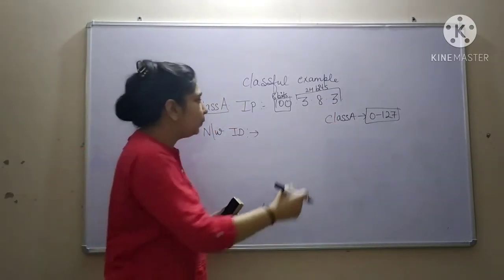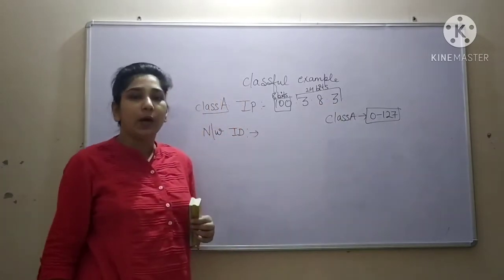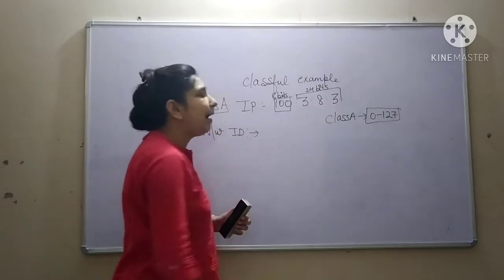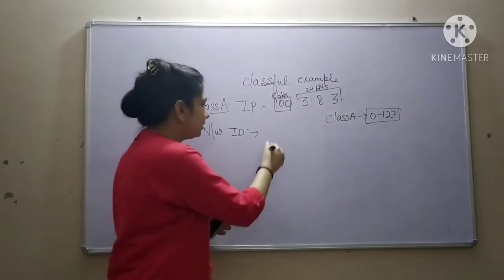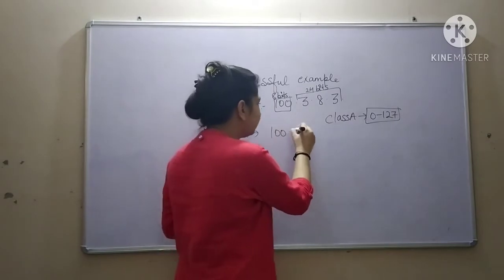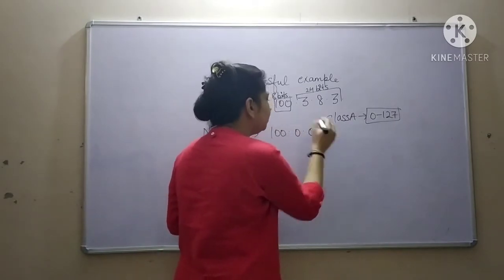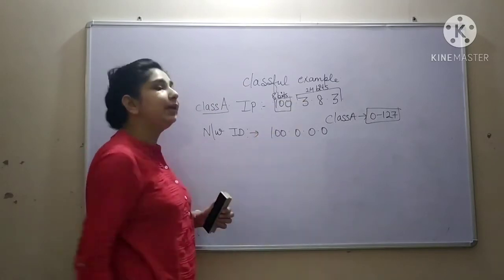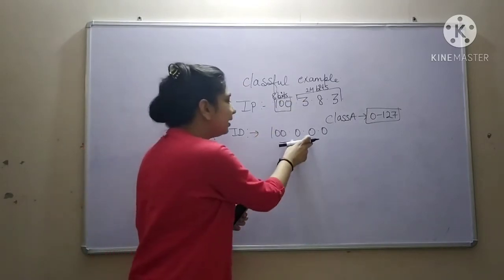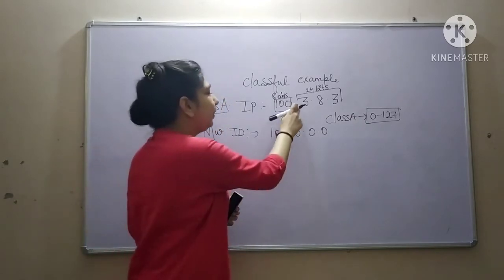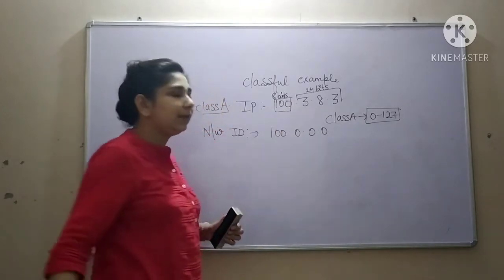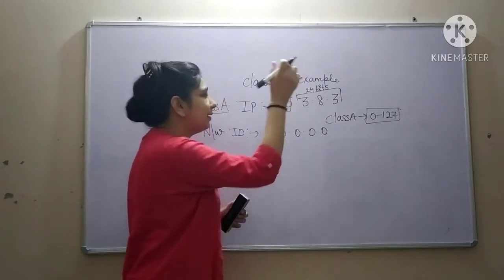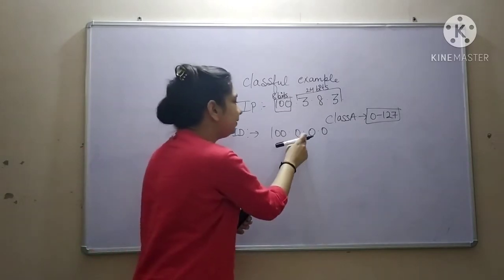We have 24 bits in the host ID part, so we put all zeros in the last 24 bits. It is going to be 100.0.0.0. This is going to be the network ID for this IP address. This is the network to which this IP address belongs. This is a network ID and this is an IP address of some device which is present in this network.